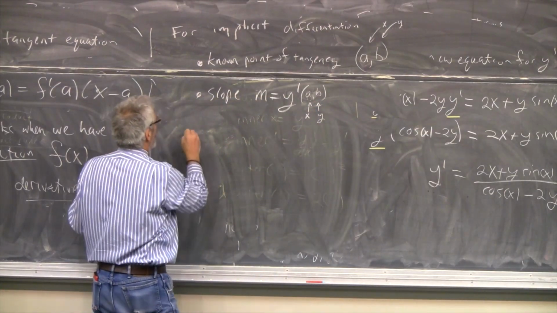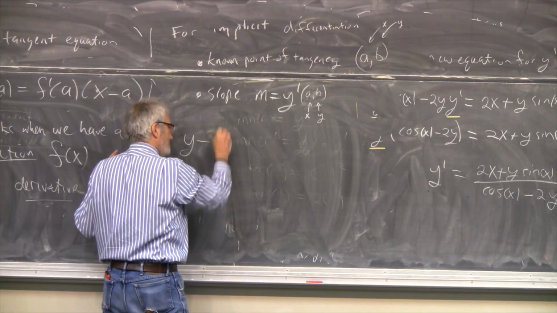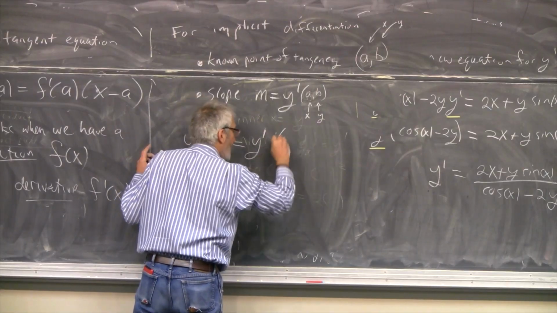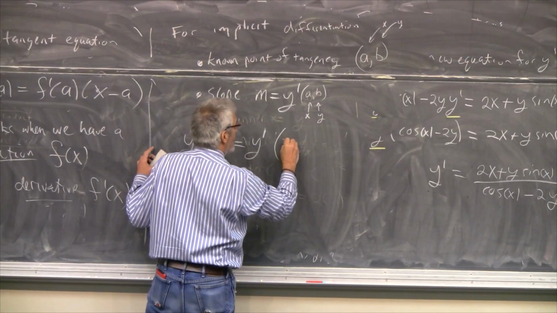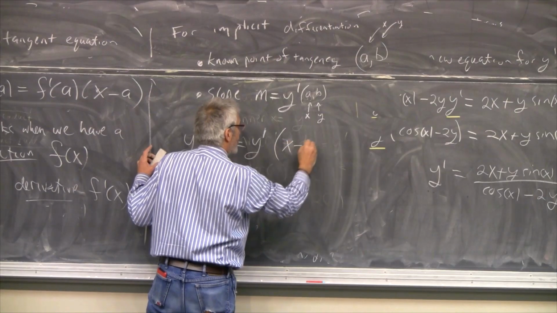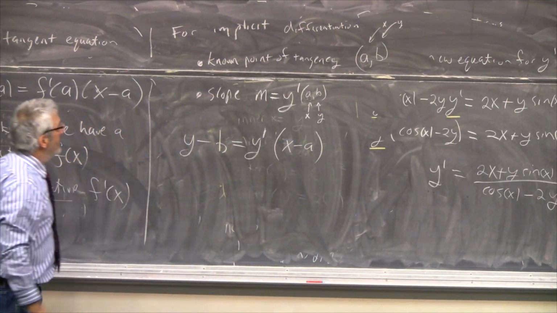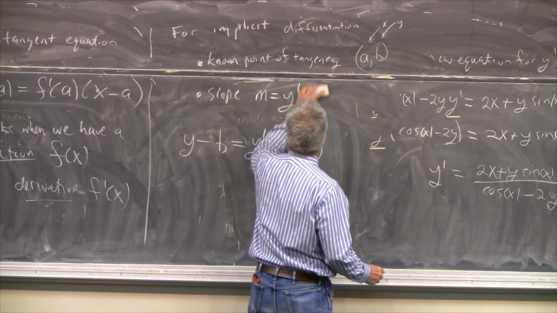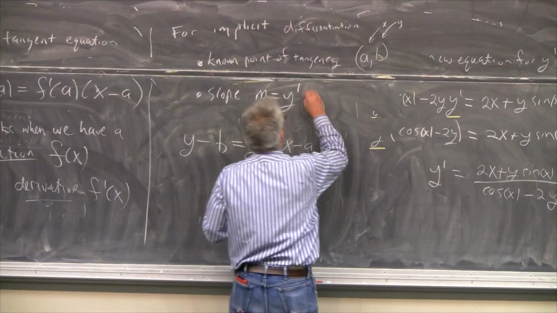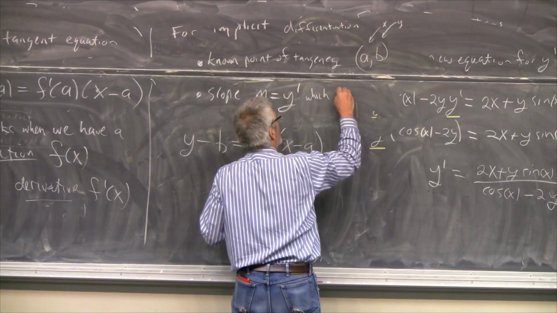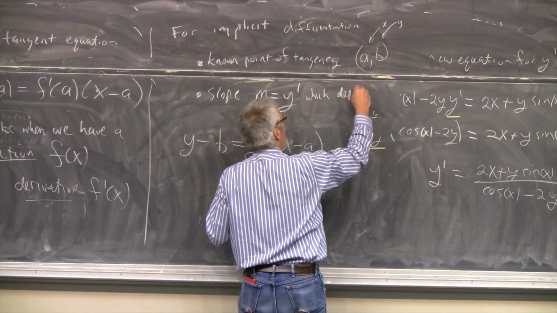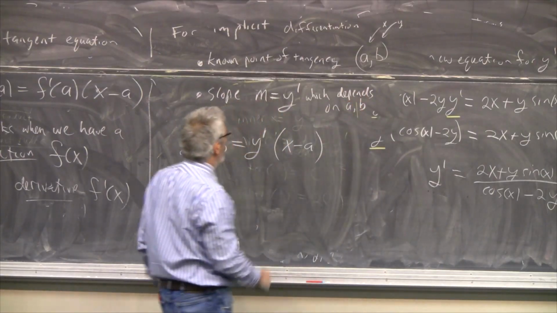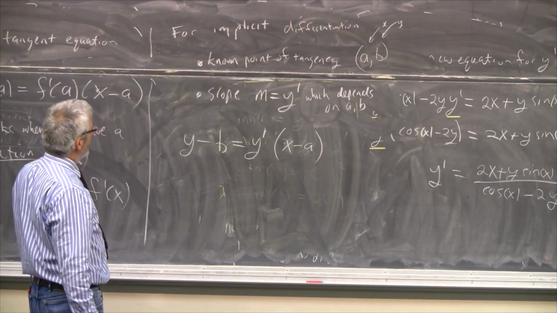So using that, I get y minus b equals y prime times x minus a. But maybe I should write this differently. I should say the slope is just y prime, which depends on a and b. I'm just going to use this symbol y prime.